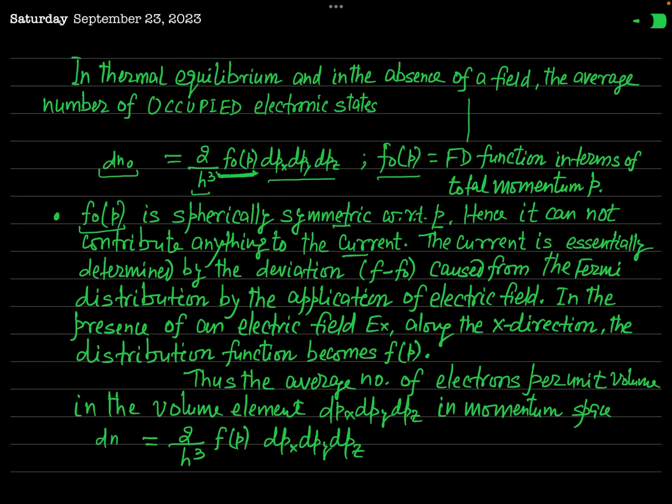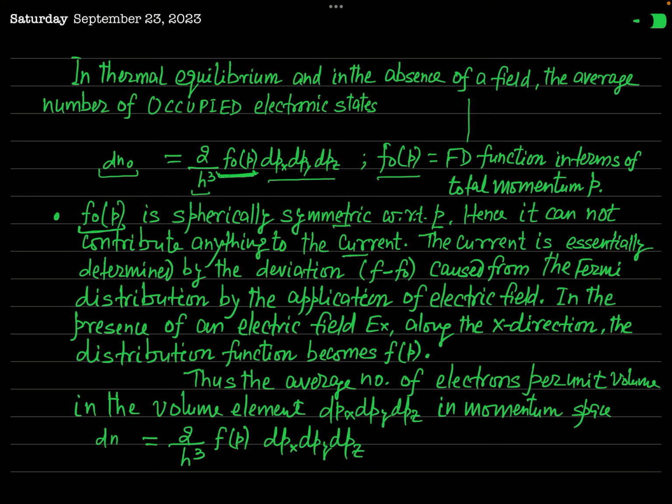Only when you apply the perturbing external field, due to which this Fermi-Dirac distribution function f naught p will change, only then there will be a net flow of charge and current will be constituted.